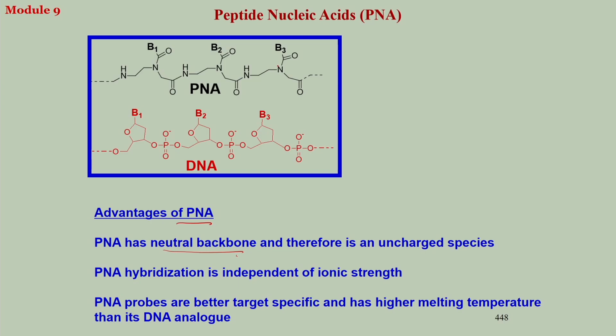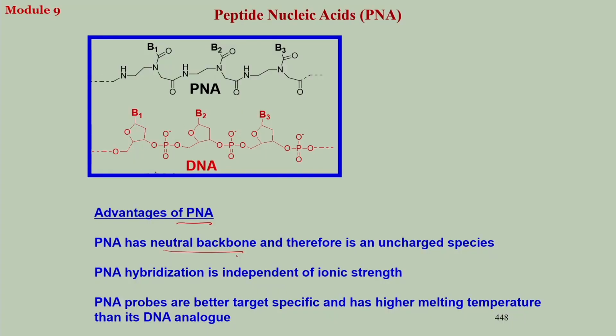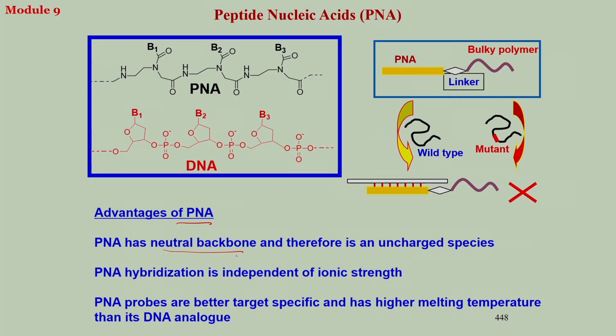Since this is neutral, no matter how much salt you use, or you do not need to use a salt, when you have PNA hybridization, you do not need to counter the charge. Usually you have to use sodium or magnesium chloride when you have DNA hybridization to neutralize the negative charge on the phosphates. That is not required in PNA. PNA probes are better target specific and have a higher melting temperature than their DNA analogues, which has already been discussed.